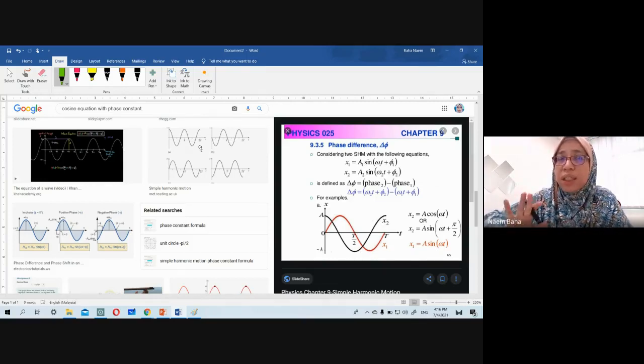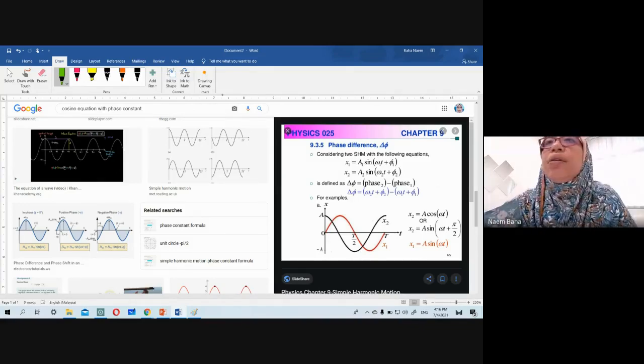No problem at all. It's just that for standardization, the book that we are using is using cos, so we stick to that.